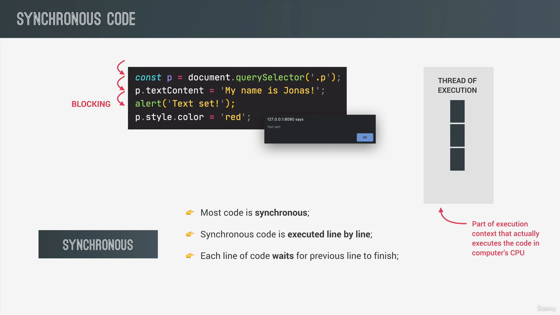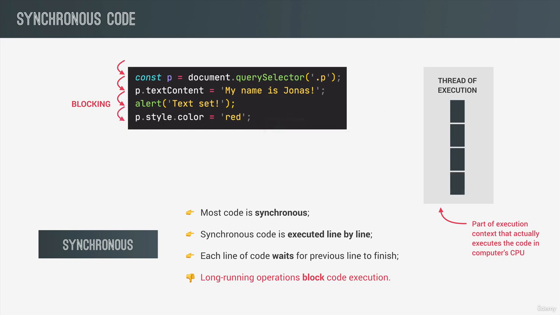And only then the code can continue executing. And so the alert statement is a perfect example of a long-running operation which blocks execution of the code. So again, only after we click OK, the window disappears and the next line can run. So this is hopefully a nice illustration of the problem with synchronous code.